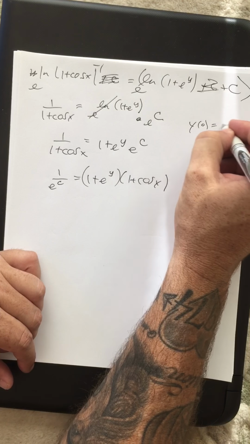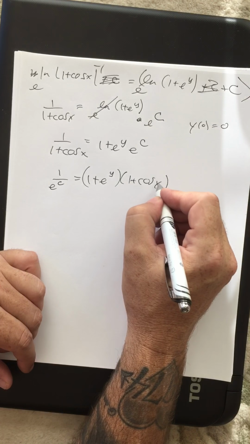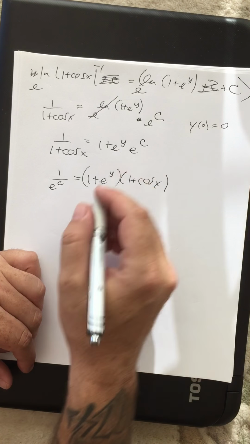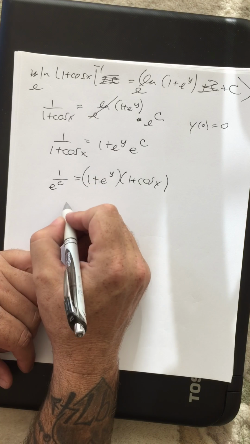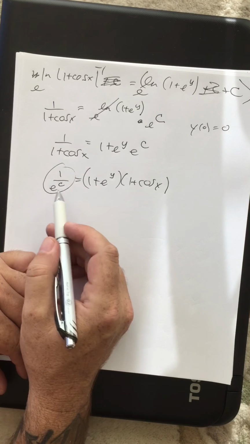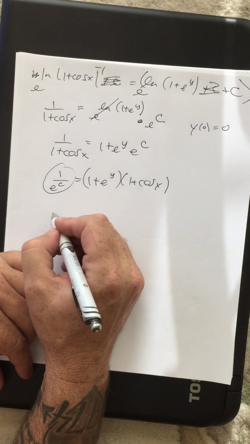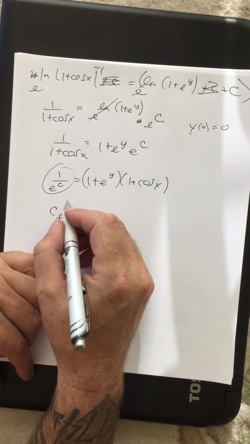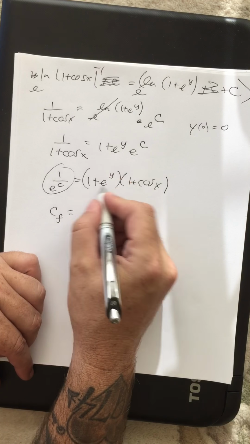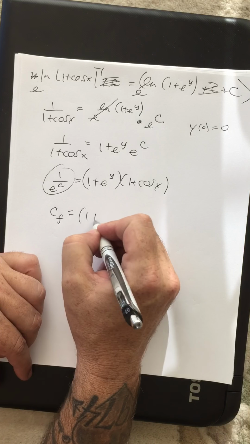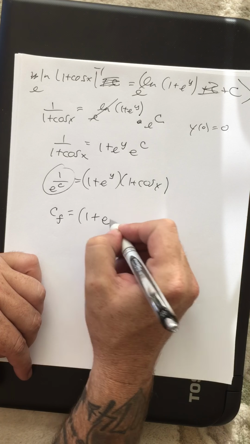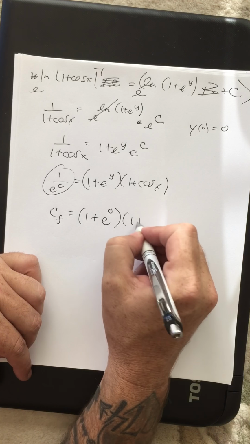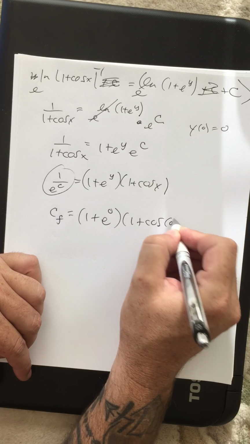It was x equals 0 and y equals 0. So we plug in 0 for x and 0 for y. What's this? This is just another constant, which we'll call our constant final. The final constant equals 1 plus e to the 0, times 1 plus cosine of 0.